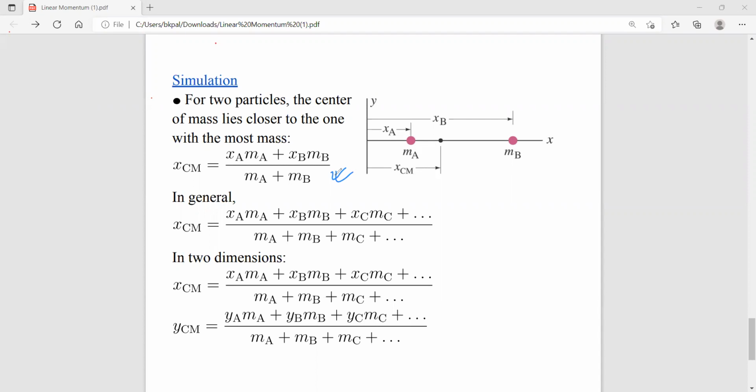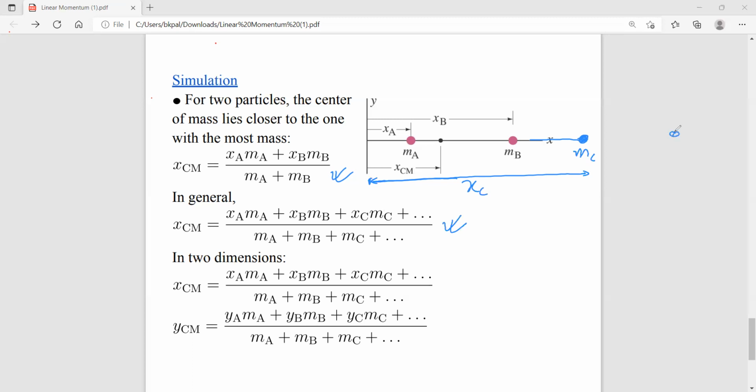Now, this equation is only for two particles. If there are more than two particles, then this is the equation. For example, let's say we have another object here, and let me call it MC. Then the distance for MC will be this distance. This is XC, so XC times MC will be here.